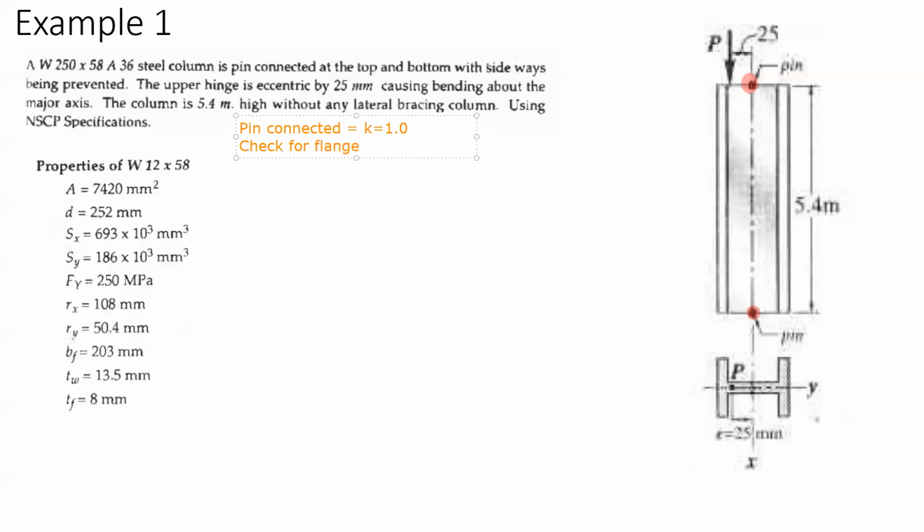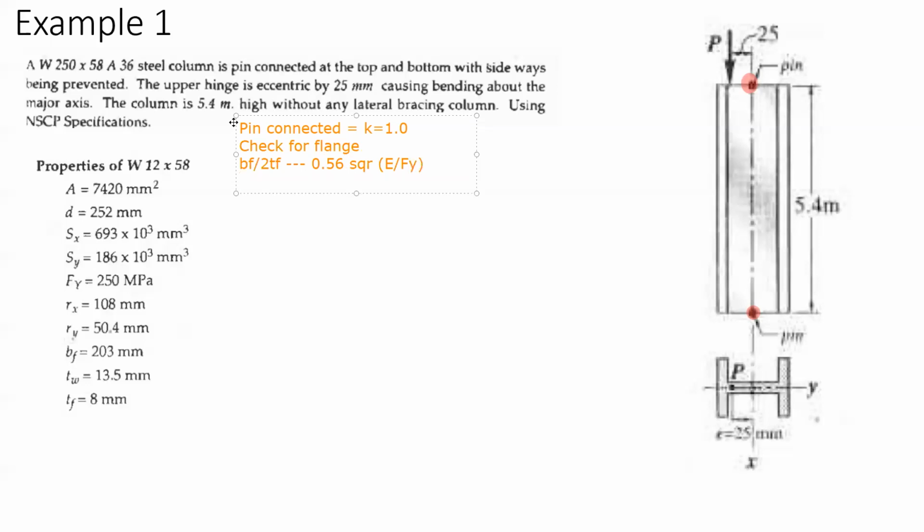This is equal to BF over 2TF, and we will compare it to 0.56 times the square root of E over Fy.